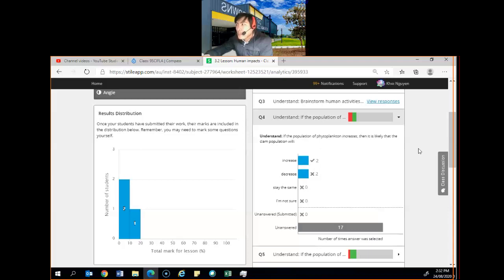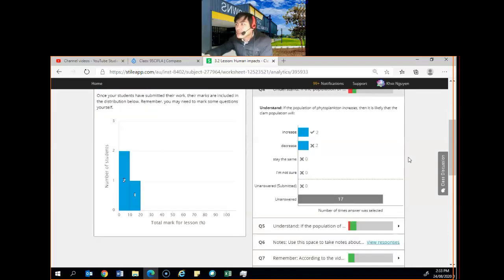So if you have more phytoplankton, what you would expect the clam population to do would be to increase because they have more food. If they have more food, they would start breeding more and increasing in numbers.